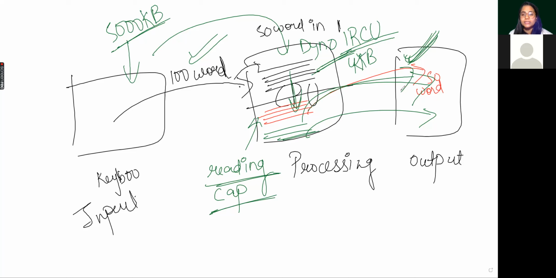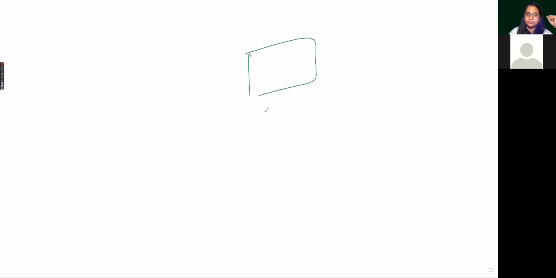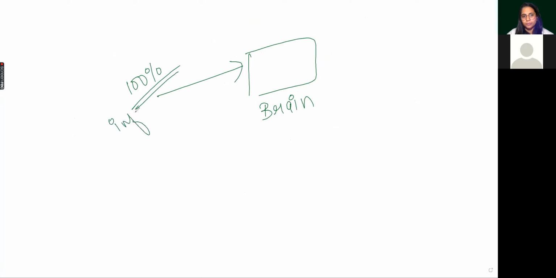If you talk about the brain, this CPU is like the brain of the computer. If your teacher is providing you 100% of the information, say I am teaching you here and providing 100% of information to you, but the capacity of your brain is to take in only 40% at a time, then 40% of the information will be there in your brain and the other 60% will be in the subconscious mind.